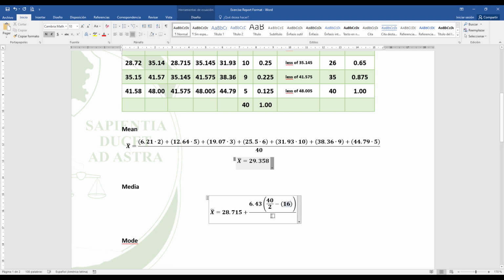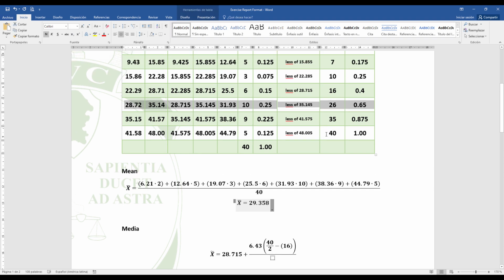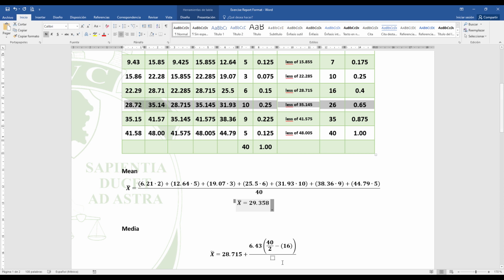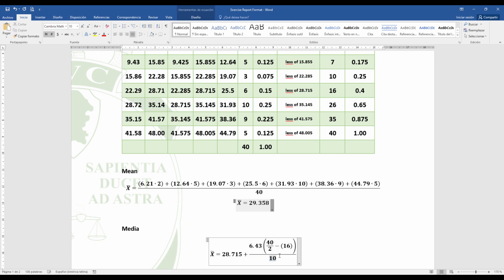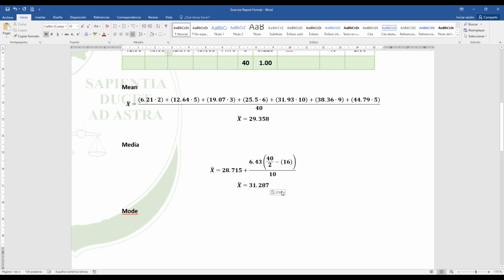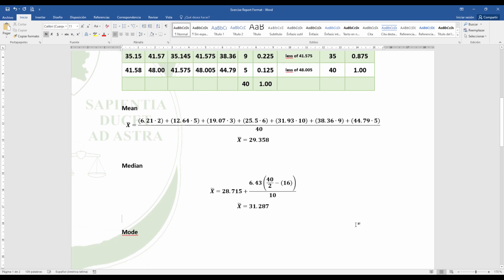And divided by the frequency of the row that we are working with, in that case 10. So when you do those operations, you get that number. Our median of our table is 31.287.